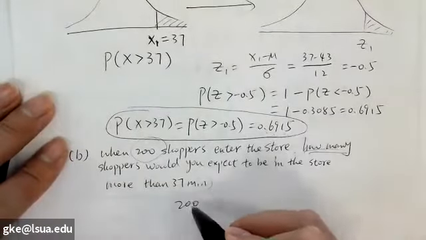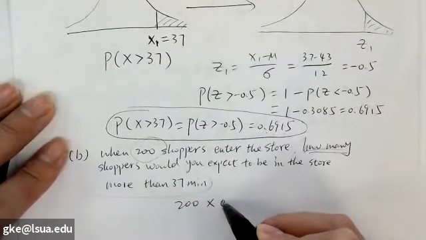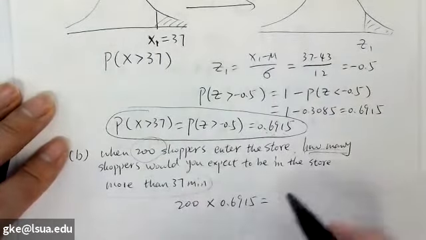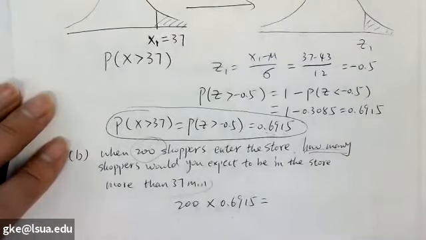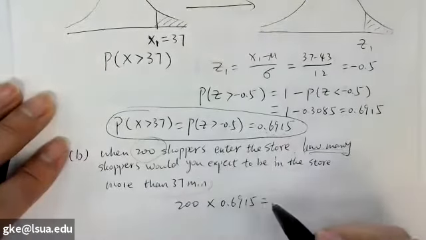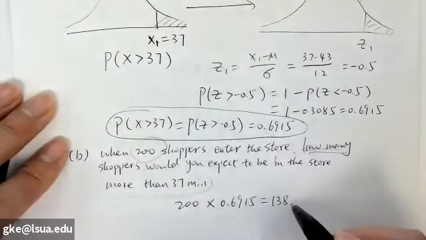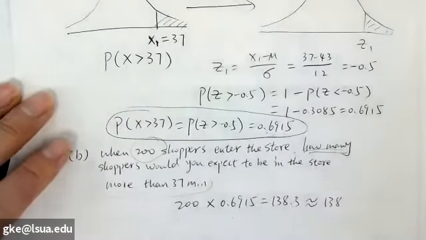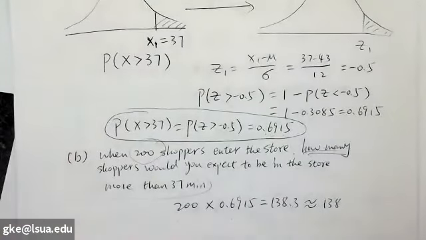So we have 200 people, and the probability is 0.6915. Just let 200 times this guy, and it's gonna give you 138.3, and roughly equals 138, because the number of people should be an integer. So we should round it to an integer. It's 138. Okay, be careful.